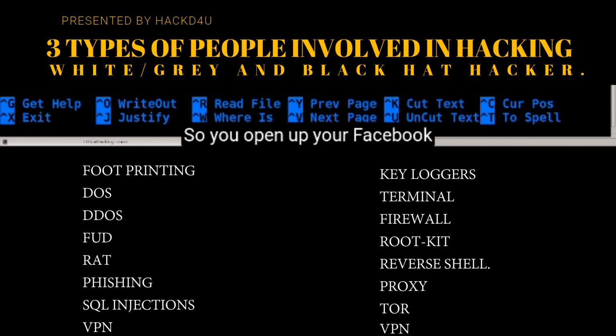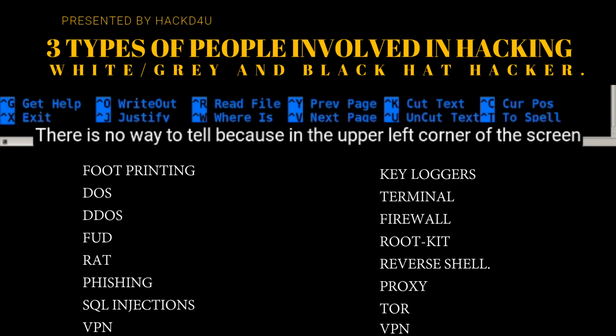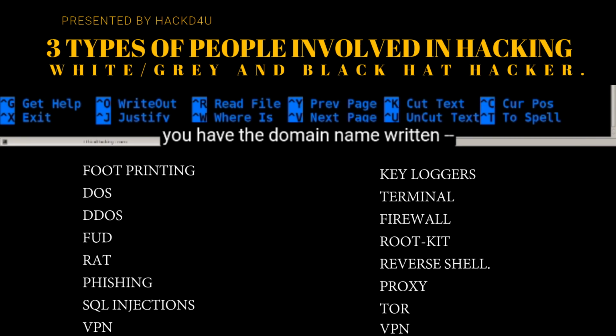So you open up your Facebook, it looks exactly the same. There is no way to tell, because in the upper left corner of the screen you have the domain name written, www.facebook.com, and you provide your login credentials. Once you do that, they're gone.